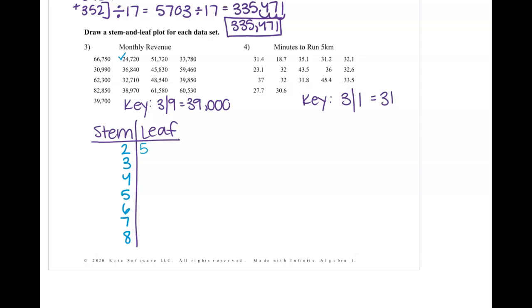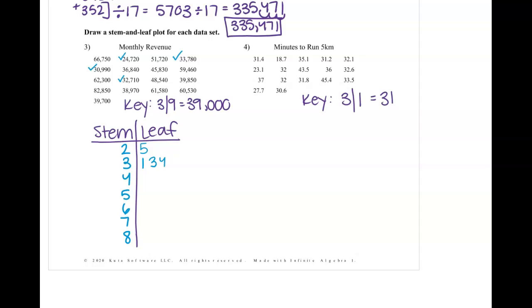Let's look at our 3s, least to greatest. The smallest one is 30,990. That'll be 31 when we round to the nearest 1,000, so we'll put a 1. Next one we see is 32,710, round to 3. Then we see 33,780, so 34.